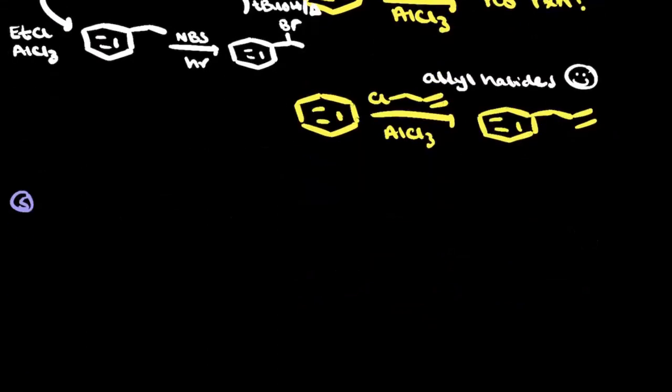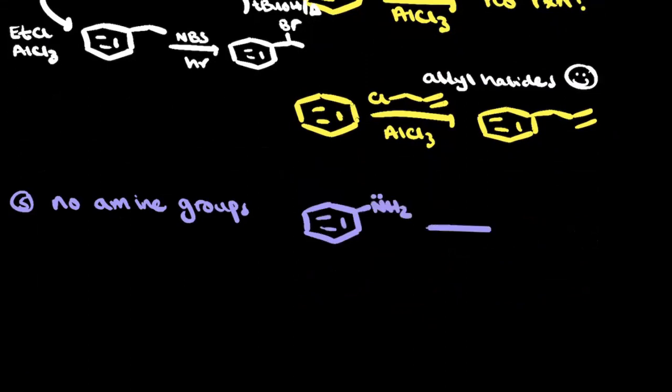No amine groups on your ring. Particularly we're looking at if we have something like phenyl, an amine. When you try to react with some sort of Friedel-Crafts reagent, you actually don't get the Friedel-Crafts reaction.